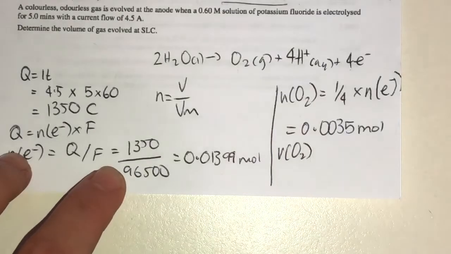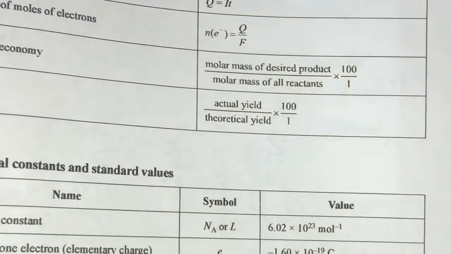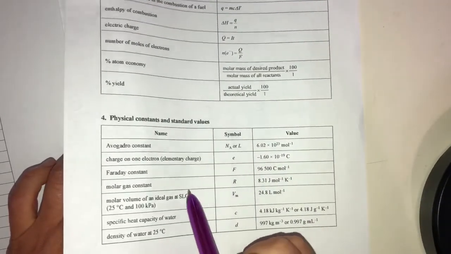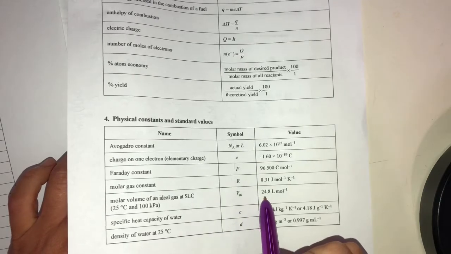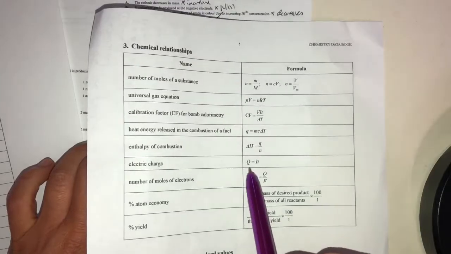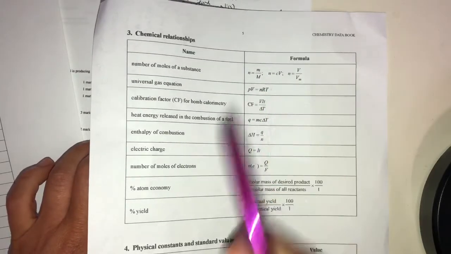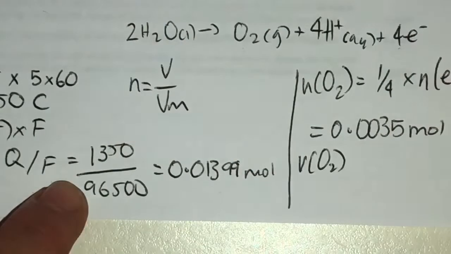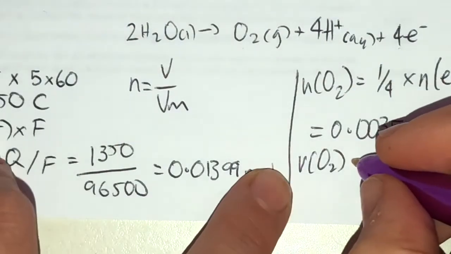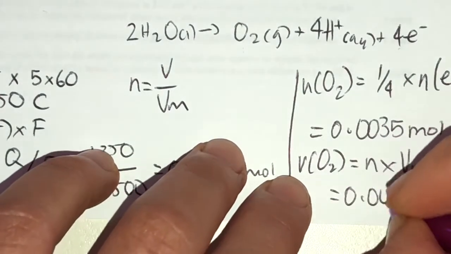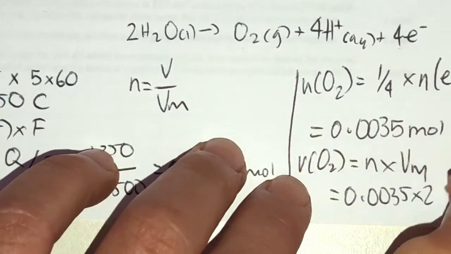you actually get given. If you have a look here, molar volume at SLC is 24.8 litres per mole. Also, you get the formula moles equals volume over molar volume. Yep, so volume equals moles times molar volume equals 0.0035 times 24.8.